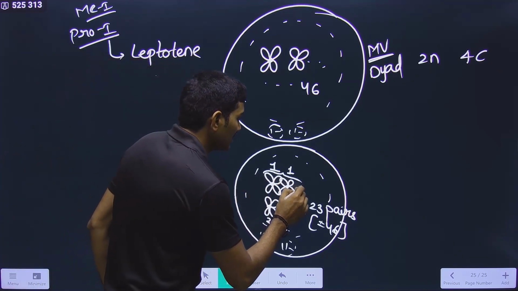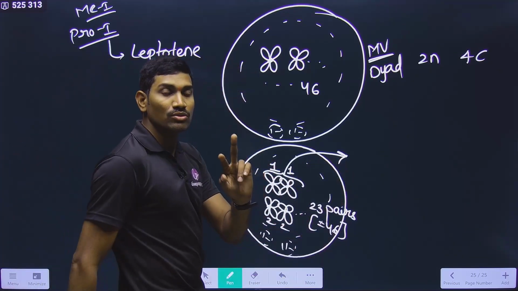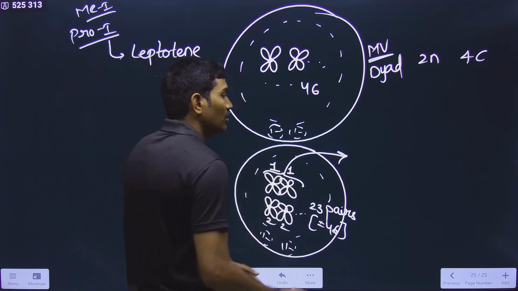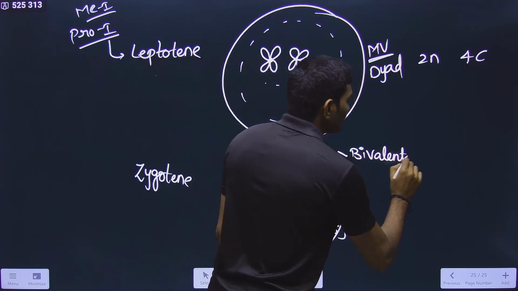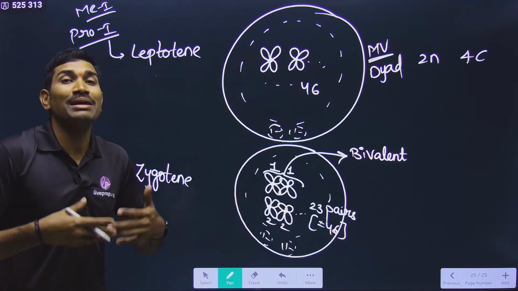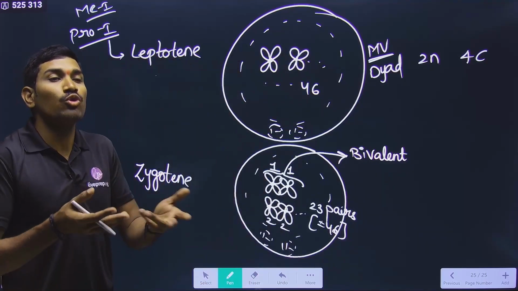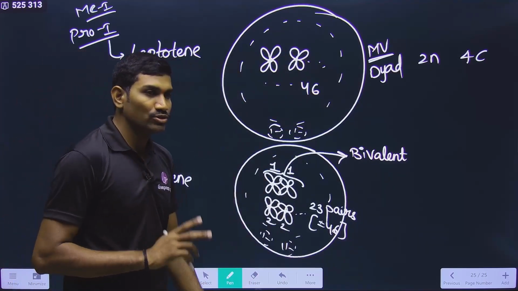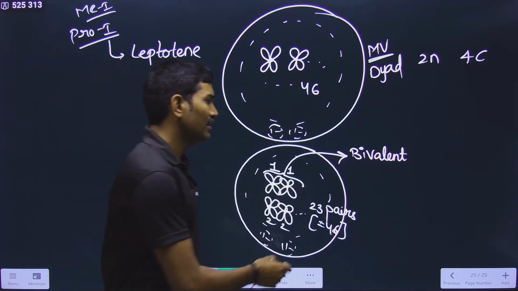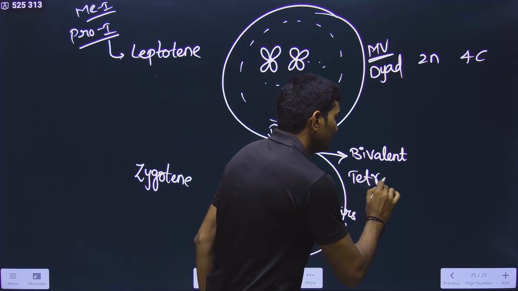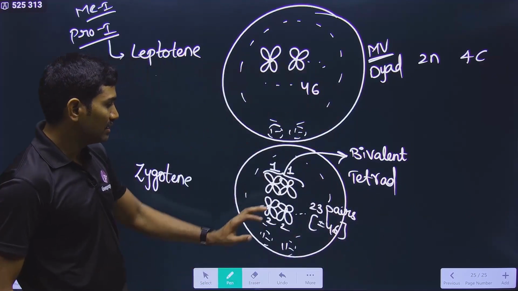In this condition, we are observing two chromosomes together, so it is a bivalent condition. It is not an individual chromosome, but two chromosomes together. Bivalent or tetrad condition. Observe carefully. Nice. Next one.